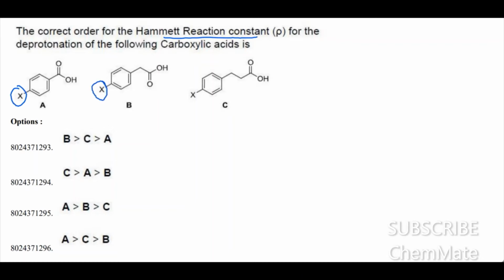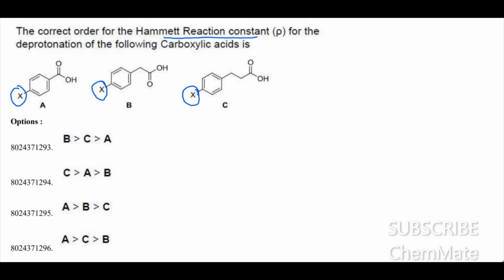That means every reaction will have a different rho value. Here 3 reactions are involved, and all these reactions are the deprotonation of carboxylic acid. So for these 3 reactions the rho value will be different.